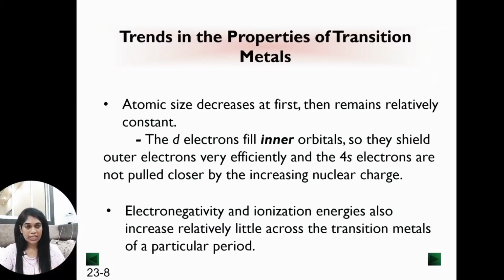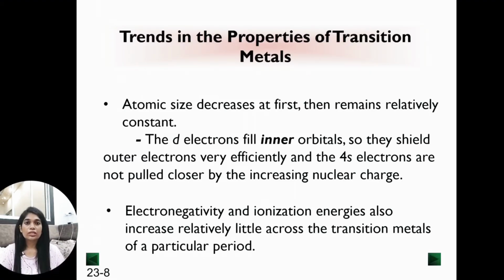But in the case of transition elements or transition metals, there are some irregularities between atomic size and ionization energy, also in the case of electronegativity. What is electronegativity? It is the tendency of an atom to attract electrons to itself.